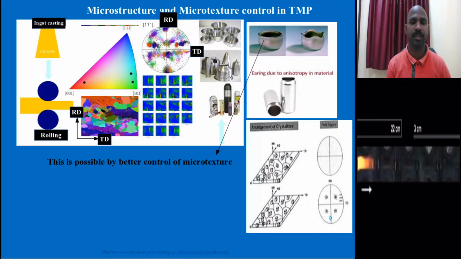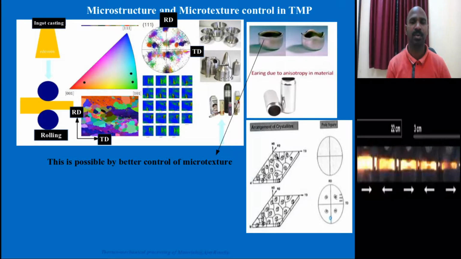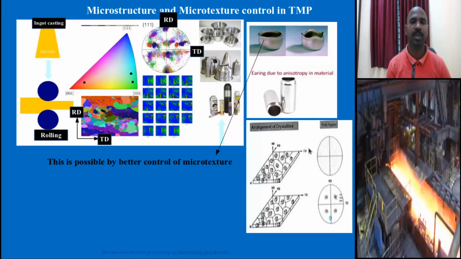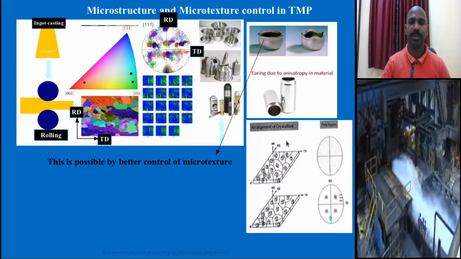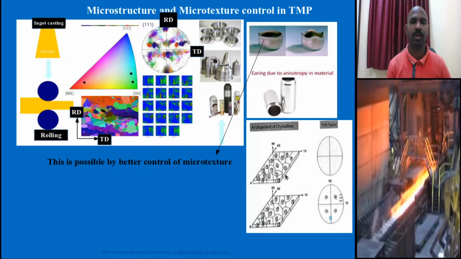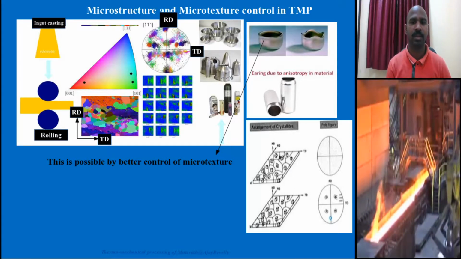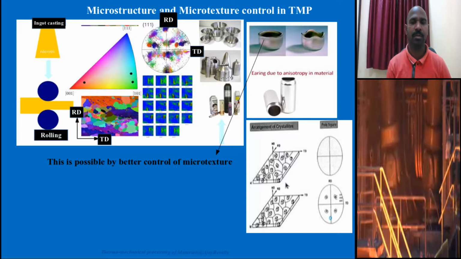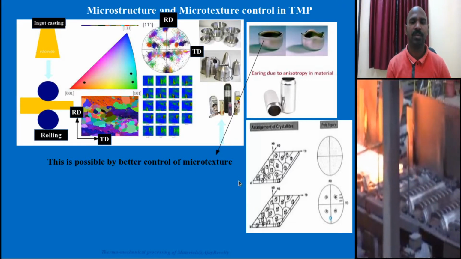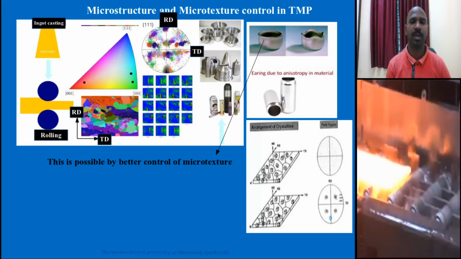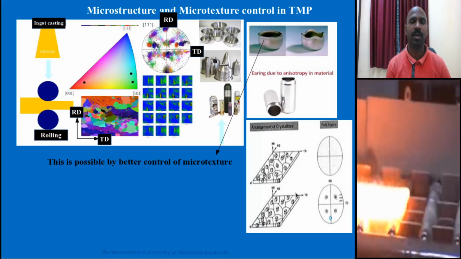If you see, this is the sample, these are the grain boundaries. Inside the grains there will be crystals, an arrangement of crystal lattice. This is the transverse direction, this is the normal direction, and this is the reference direction with respect to the rolling, forging, or extrusion process. If you manage to change the strain rate and temperature, you can get all these 001 normal directions in one preferred direction.